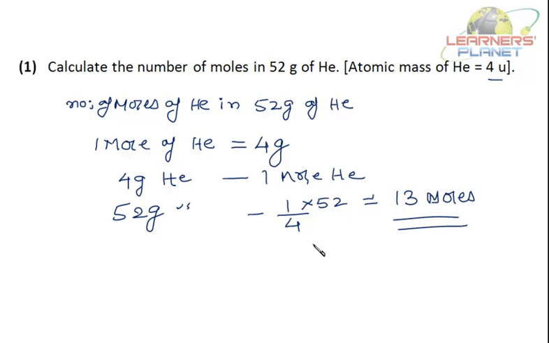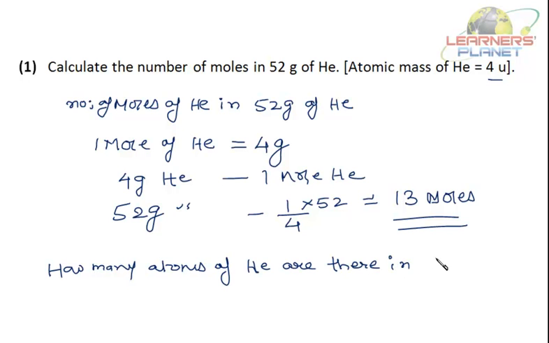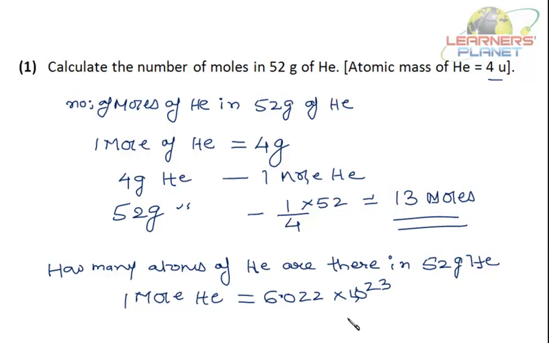If the question is how many atoms of helium are there in 52 gram helium, how will you calculate now? 52 grams of helium, so how many moles are they? 13 moles, right? And in 1 mole of helium, how many atoms are present? 6.022 into 10 to the power 23, right?